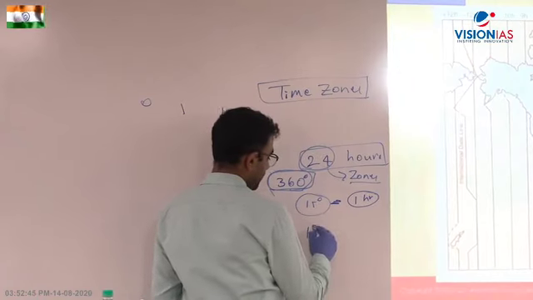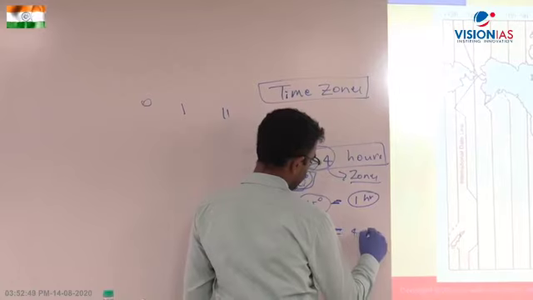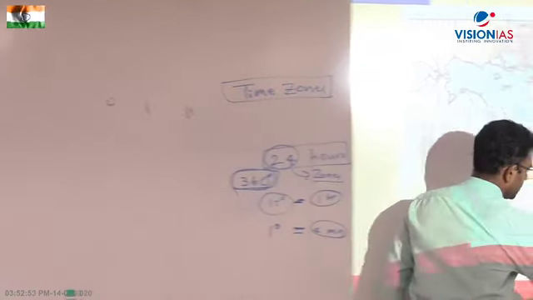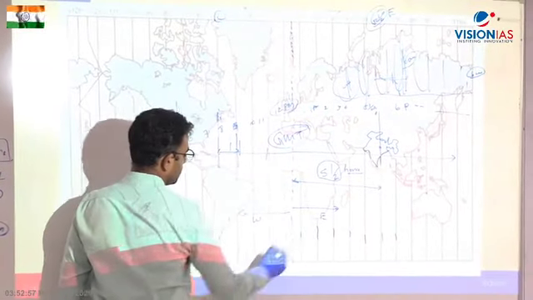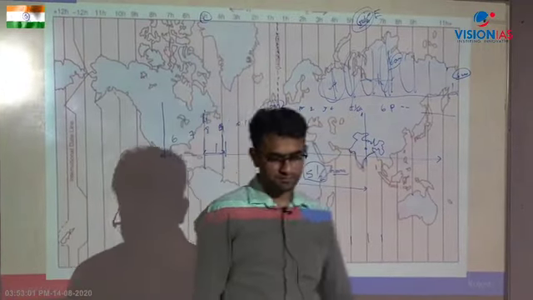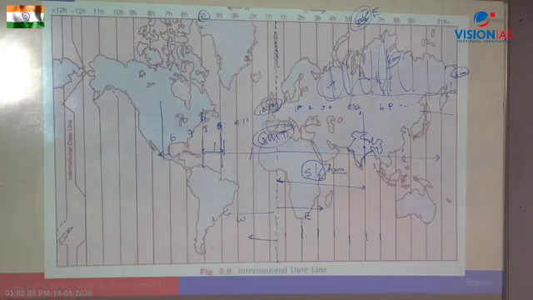So 1 degree of longitude would have a difference of 4 minutes. That means with the shift of every 1 degree of longitude, the time will change by 4 minutes. You shift the longitude by 1 degree, the time will shift by 4 minutes.